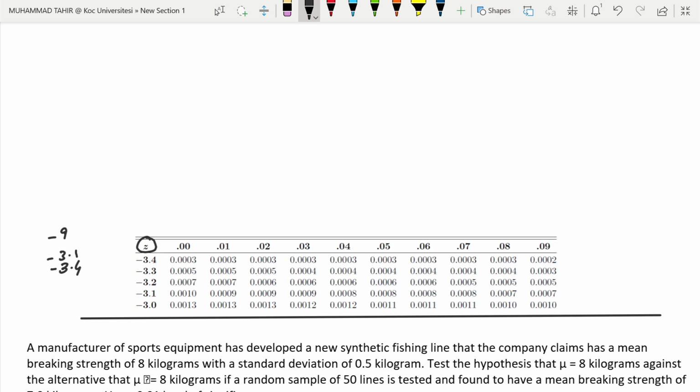There is no -3.5, -3.6 and so on. -9 is simply not there. So what should I do? At -3.4 the value is 0.0003, which is very small. So at -3.7 it will be even smaller, say 0.0001 or even smaller.